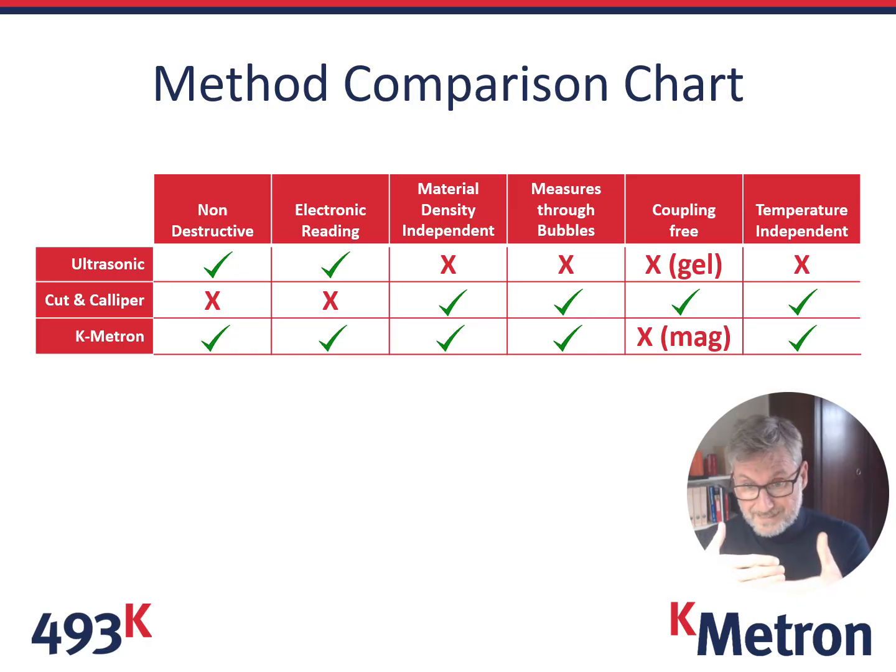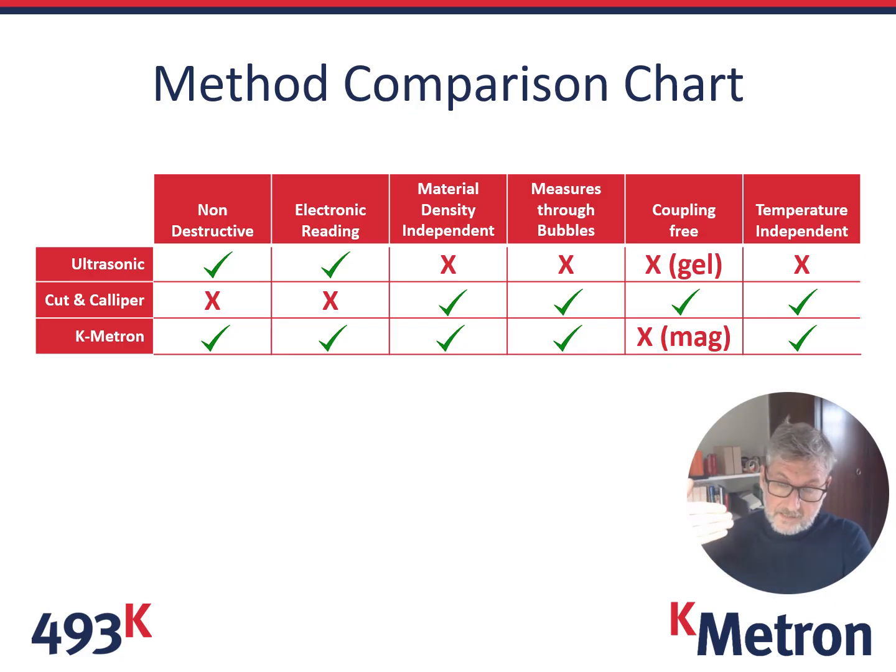K-Metron and cut and caliper don't care what the wall is made of. Measure through bubbles. A common issue with ultrasound is once that ultrasonic wave hits a bubble, it disperses and gives back a null reading, an error.